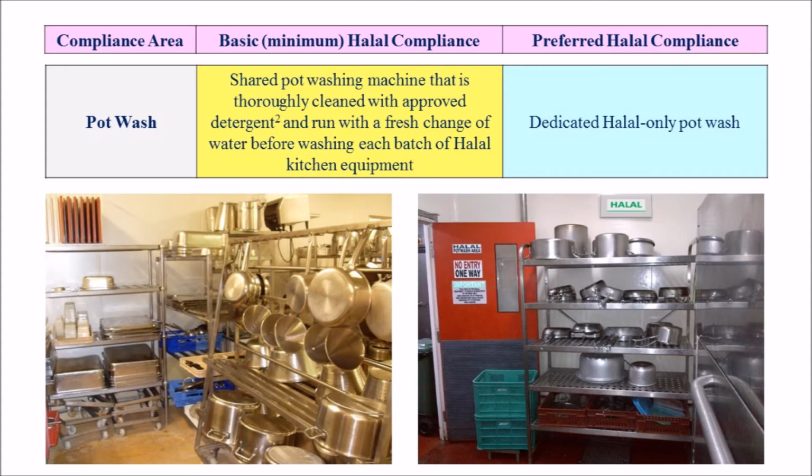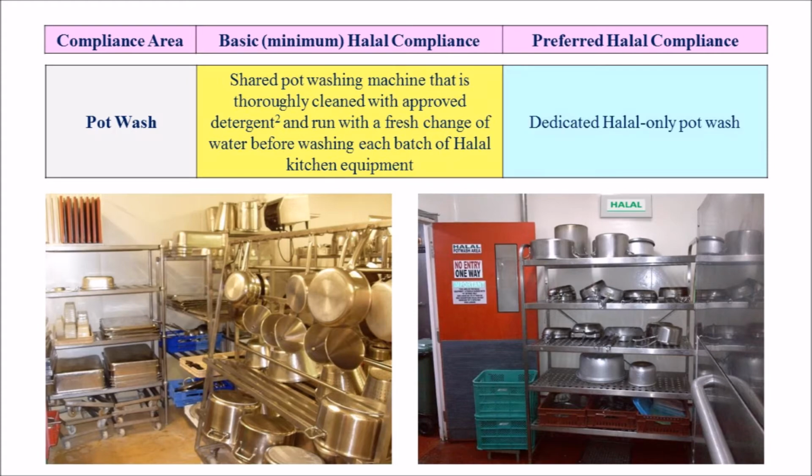But for halal, the preferred level is a dedicated halal-only pot wash. But if you want to share, make sure you follow the rules, the SOP: it needs to be thoroughly cleaned with approved detergent, you can use Diversey, Ecolab, or Applied Chemical and so on, and run with a change of fresh water before washing each batch of halal kitchen equipment.